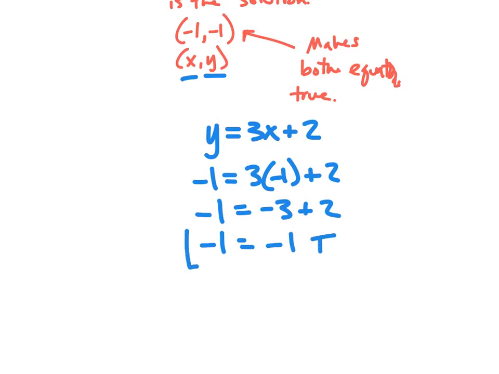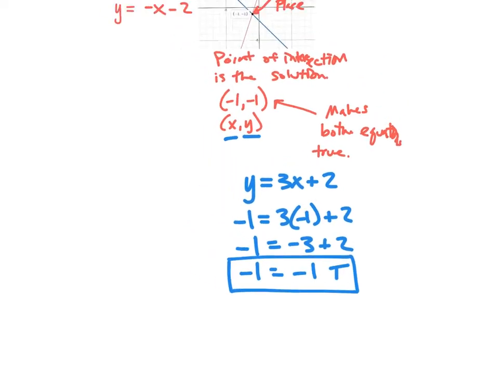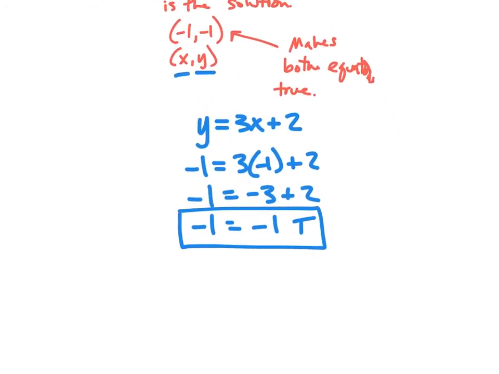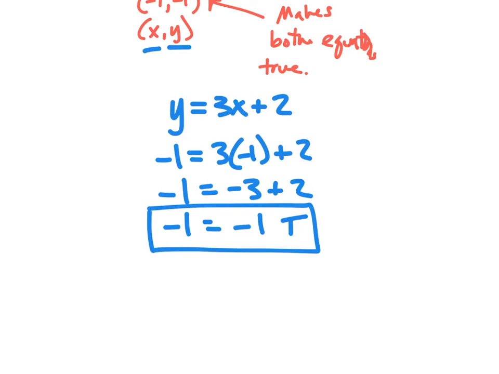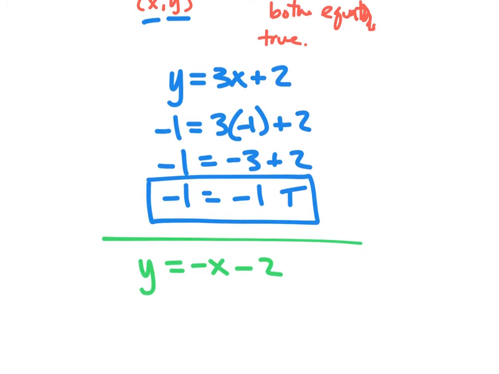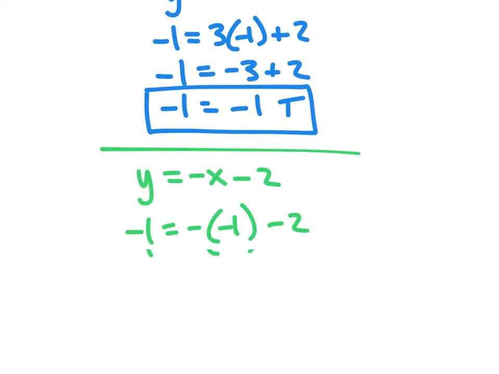It works. All right. If I plug it into the bottom equation, so let me write that equation down. y equals -x minus 2. If I plug in -1 for y and -1 for x, then what we end up getting is -1 is equal to, opposite of a negative is +1, minus 2.